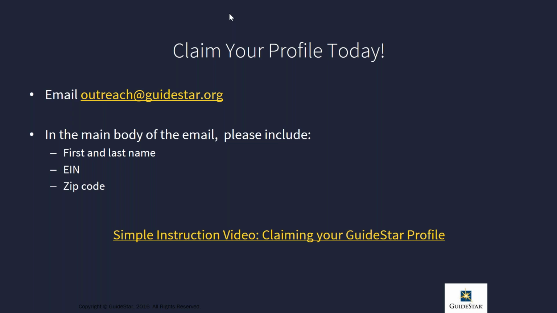However, if your email address is, perhaps you're with the Forever Young Foundation, and you have a Hotmail or a Gmail or an AOL email address, it's really important that you be very clear in the body of your email that you self-identify as an individual who's associated with that nonprofit organization.